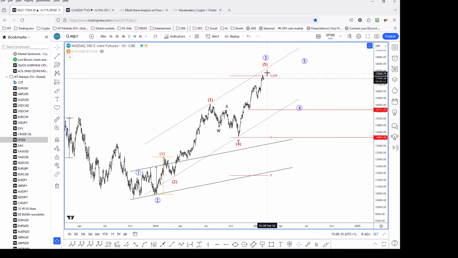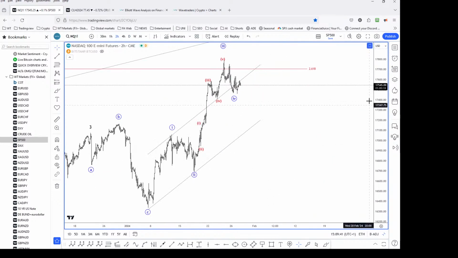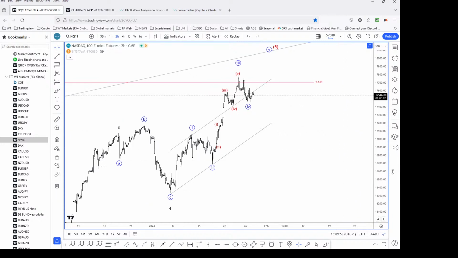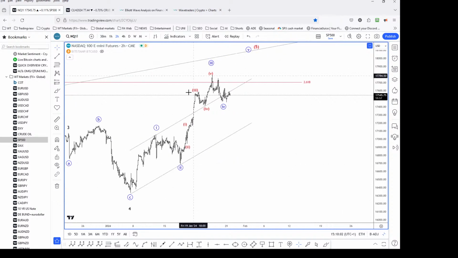So you would think that maybe we are going to top soon, but if you look closely here, maybe on a 2-hour time frame, and just focus on this smaller time frame from this recent move to the upside from the start of the year, you can actually see that this is still not a completed 5-wave movement, right? So my assumption is we will see even more gains after this retracement that is now playing out.